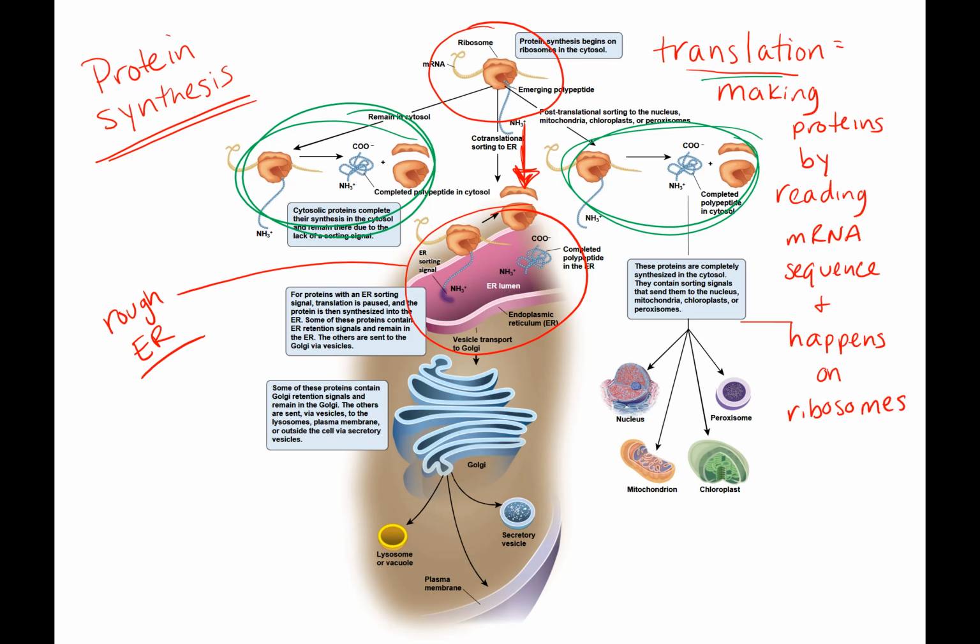So they do translation, they make proteins in the cytosol. Okay. So there are two sites of protein synthesis: on the ER and in the cytosol. And so again, we're going to look at this endomembrane system, which is one of the ways proteins are made and distributed to where they need to go.